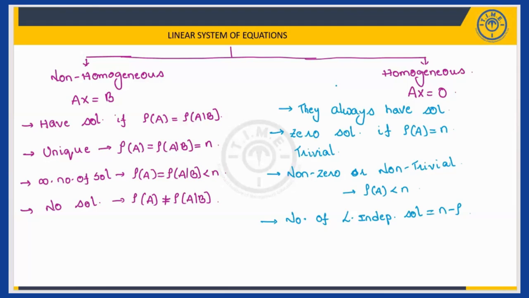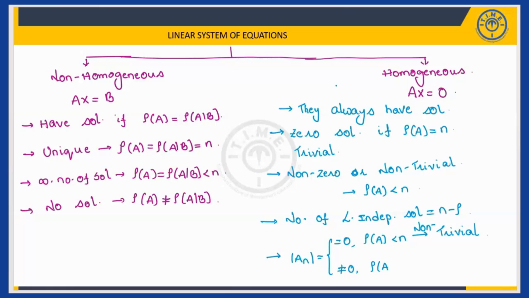Okay. And again, if det A is equal to 0, then we said rank of A is less than n, then the system of equations will be having trivial solution. That means zero solution. Sorry, non-trivial, I'm sorry guys.